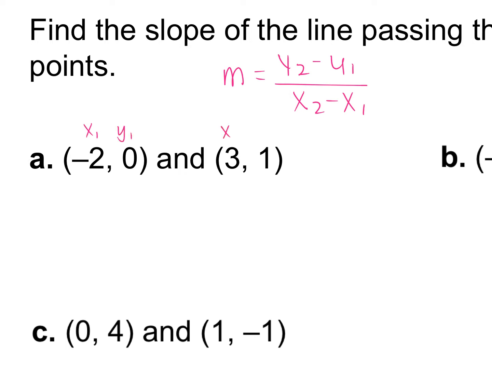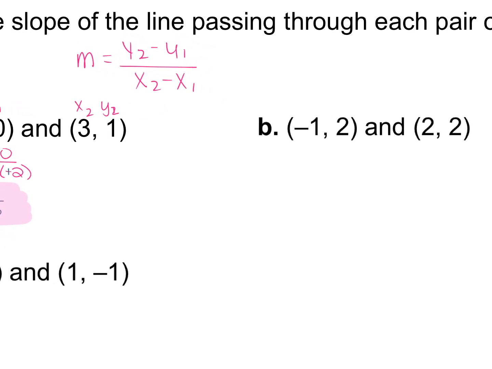My 3 is going to be x2, and my 1 is going to be y2. Plugging this in gives us 1 minus 0 over 3 minus -2. Double negatives turn into a positive, so that gives me 1 over 3 plus 2, which is 5. So it's just 1/5.